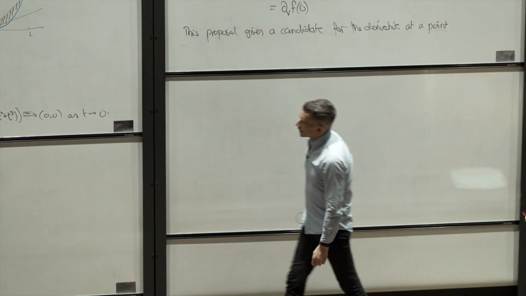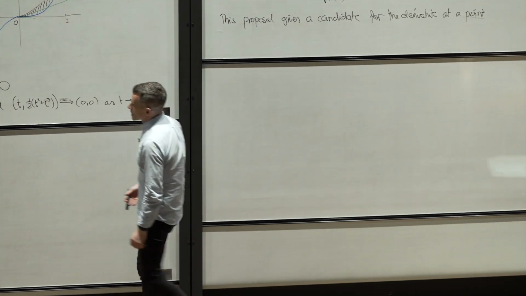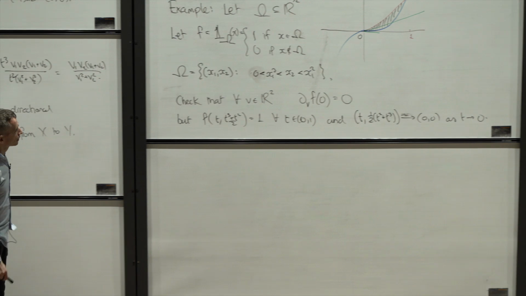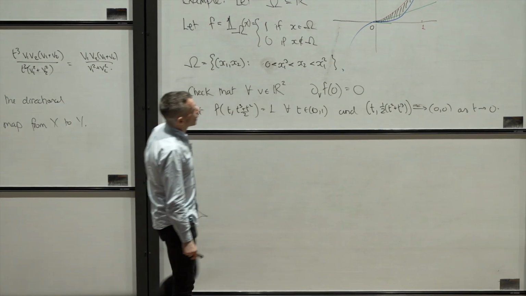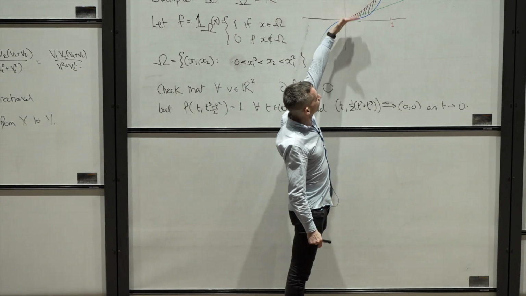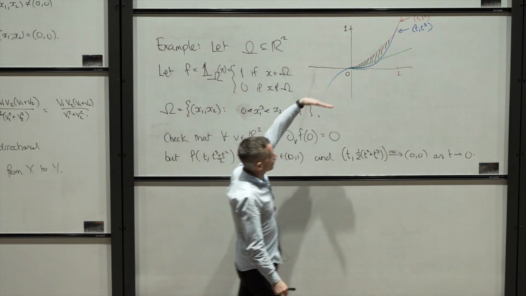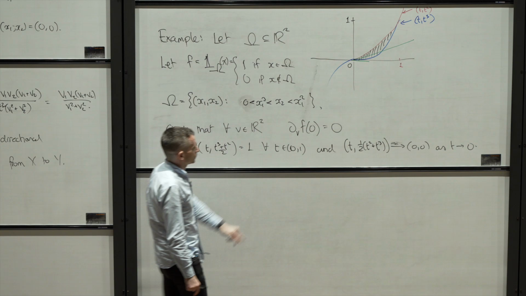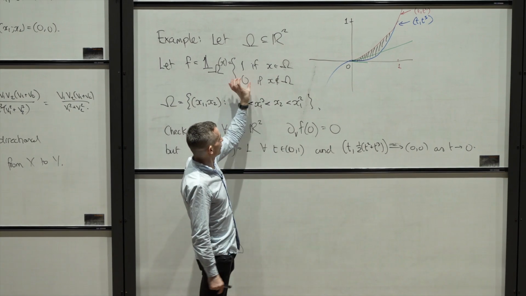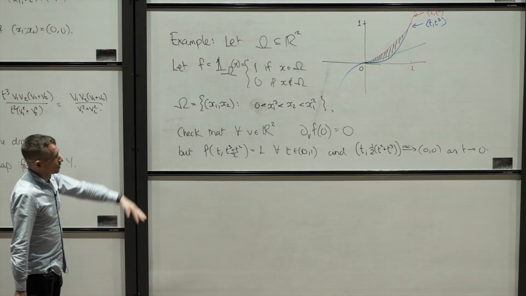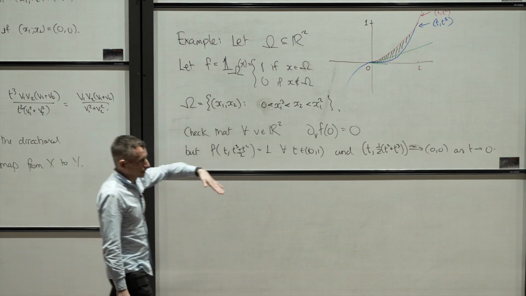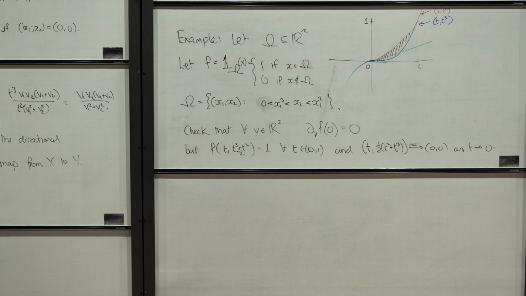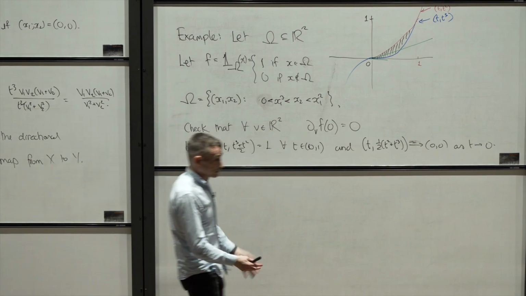So the definition that we actually want finds a way of excluding this. And if you think about what's happening here, in every direction, you eventually end up being in a domain where f vanishes, but how small you have to get before that happens depends a lot on the choice of direction.